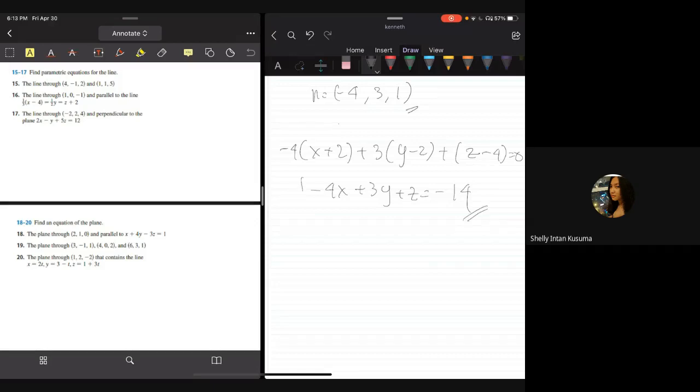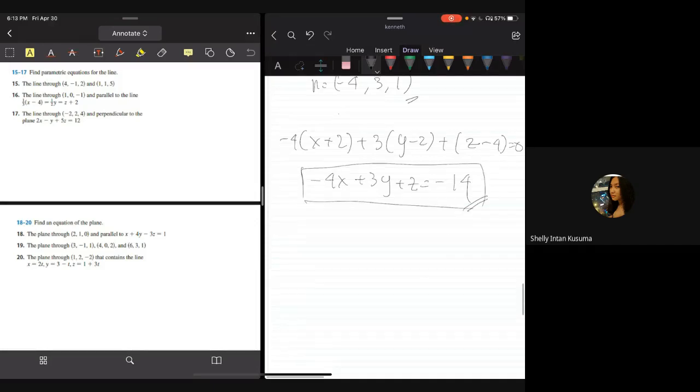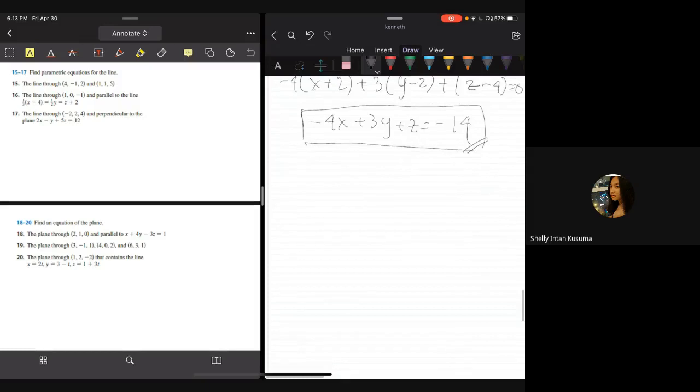This is our equation for the plane. Okay, if there's no question, then let's move on to number 20.